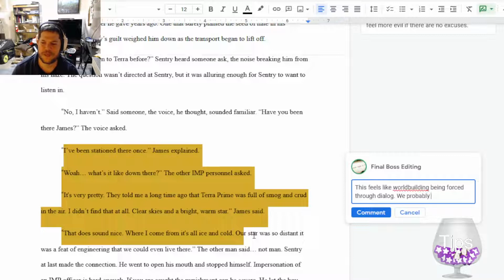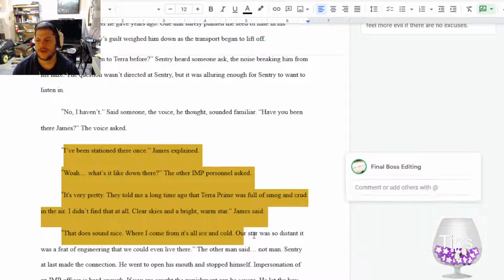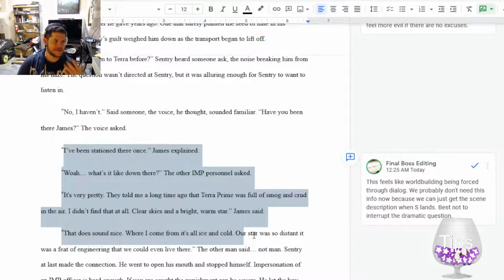We probably don't need this info now because we can just get the scene description when he lands. It kind of interrupts the dramatic question, right?